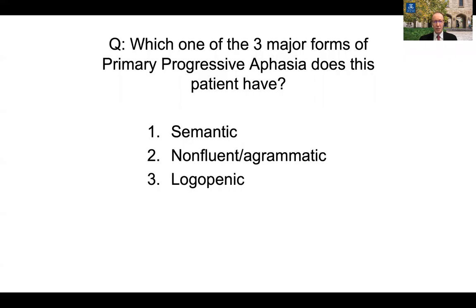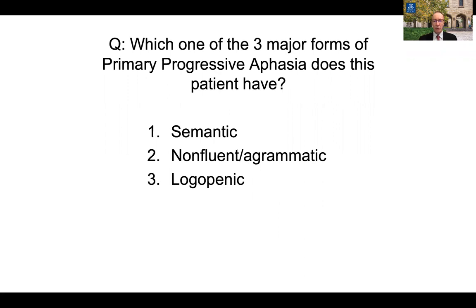Now for the questions. Which one of the 3 major forms of primary progressive aphasia does this patient have? Primary progressive aphasia is a descriptive term for patients who are presenting with a progressive language problem that will eventually lead to complete loss of speech, but it doesn't tell you the underlying etiology. There are 3 major forms. One is semantic dementia, which is related to TDP43.